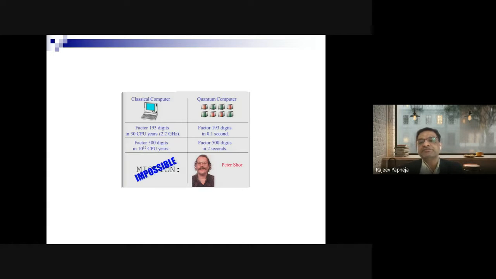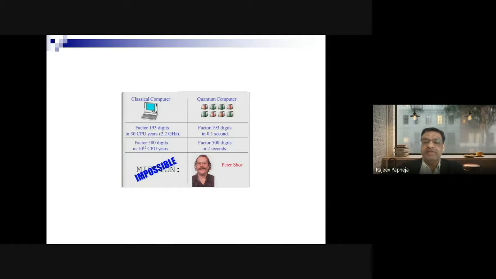But suppose, it's not true yet, we have a quantum computer which has the same clock speed, let's say 3 gigahertz or 2.2 gigahertz, same as that of any classical computing system, and it can perform the same number of elementary operations per second as the classical computer.